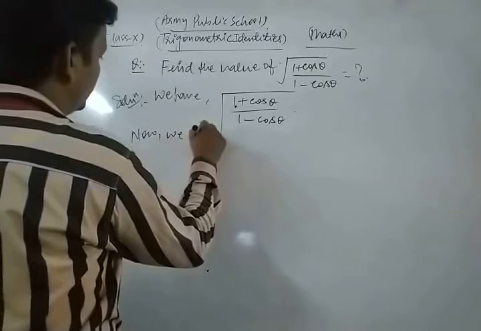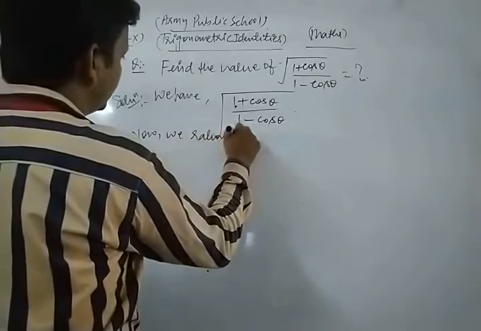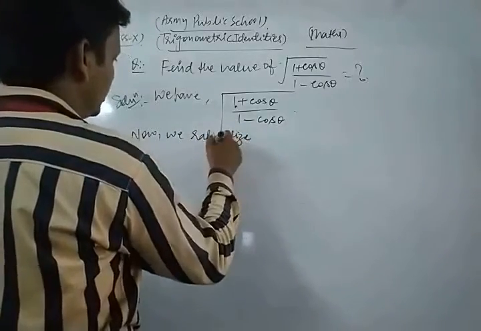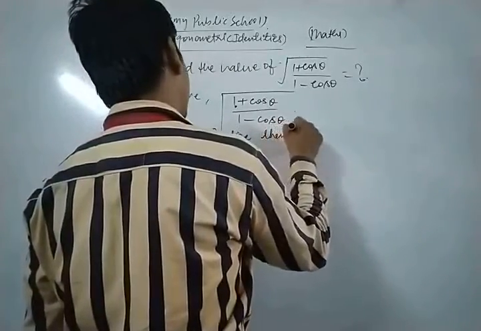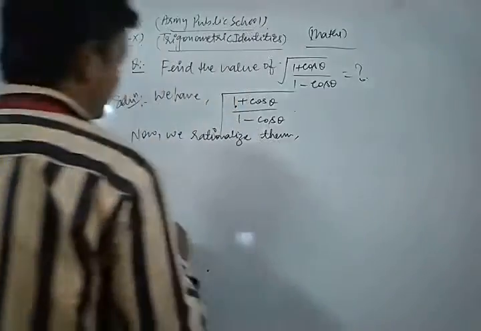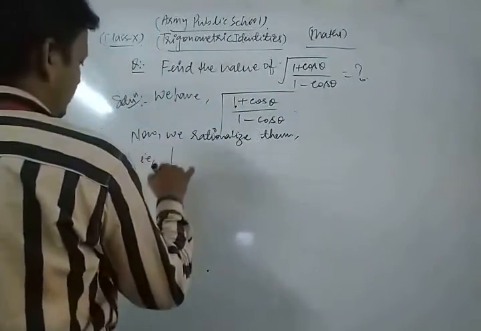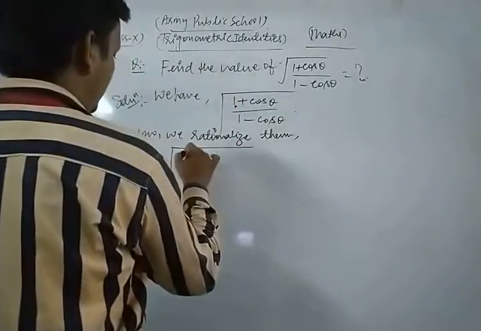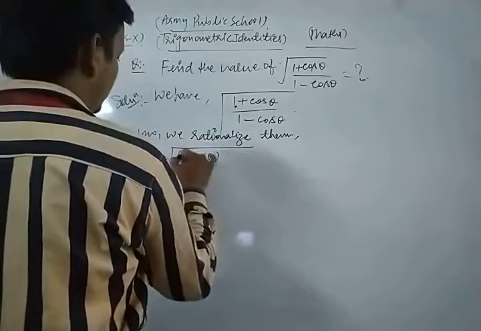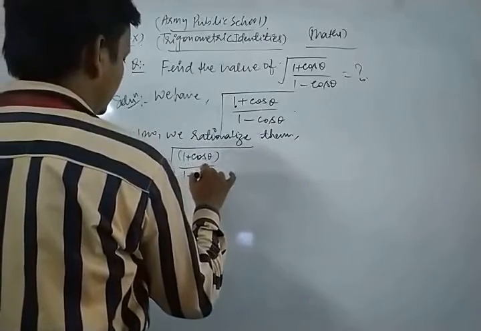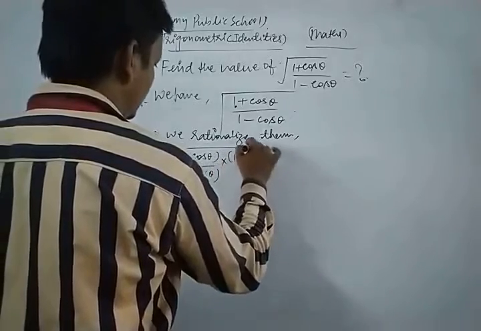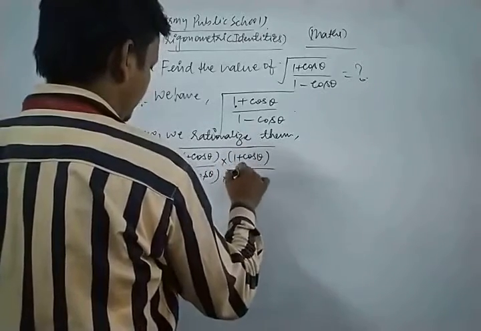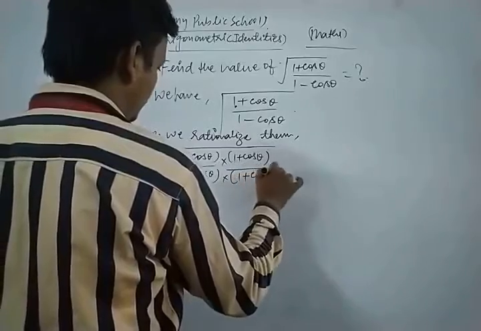That is, 1 plus cos theta upon 1 minus cos theta into 1 plus cos theta upon 1 plus cos theta.